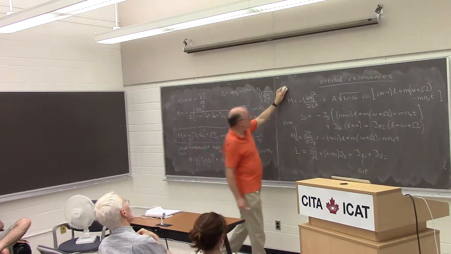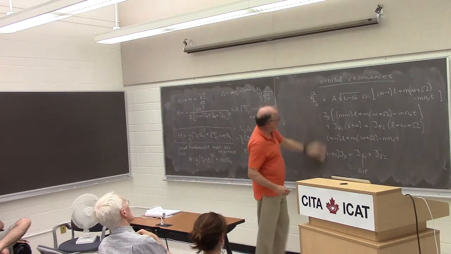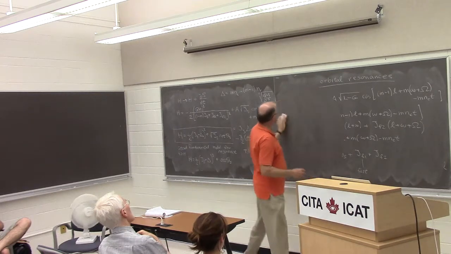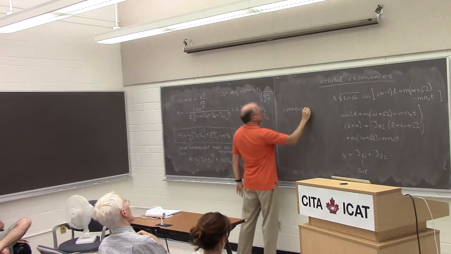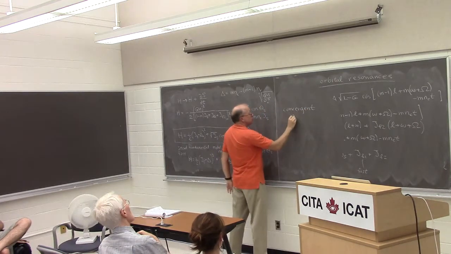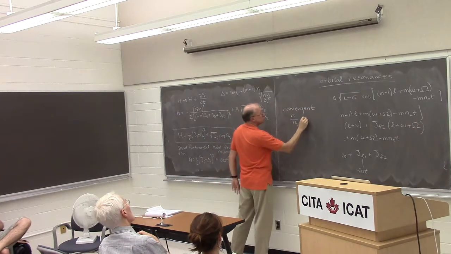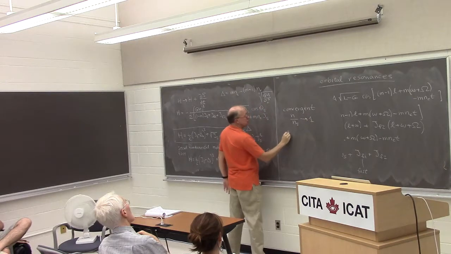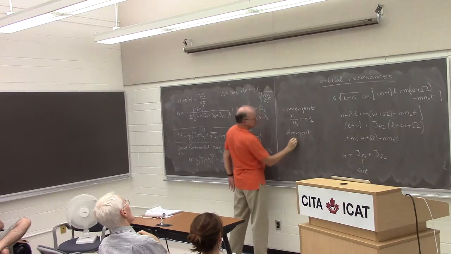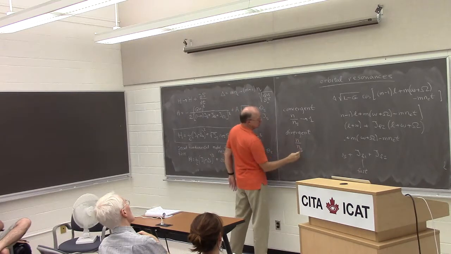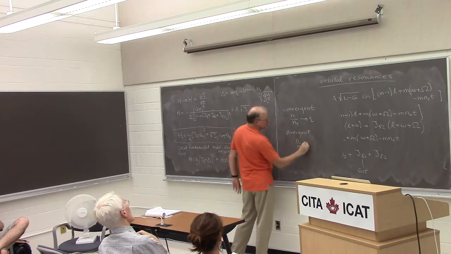There are two kinds of migration. Convergent, which says that the ratio of the mean motions is going towards unity, and divergent, which says that n over ns is going away from unity.